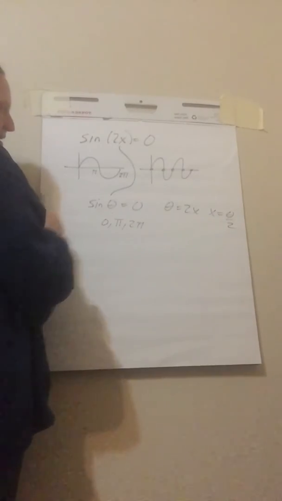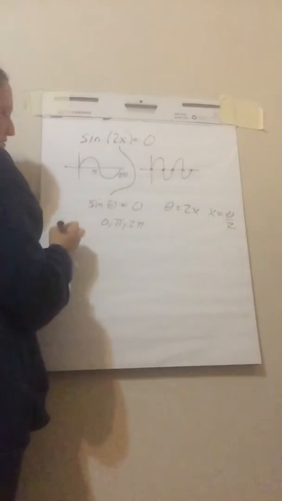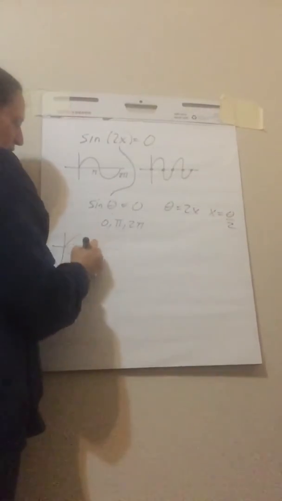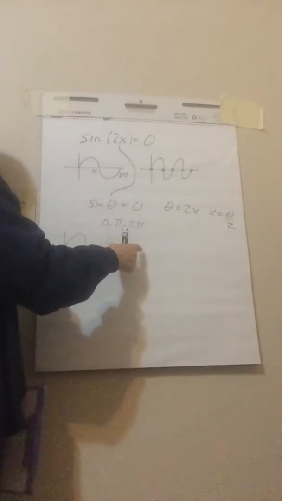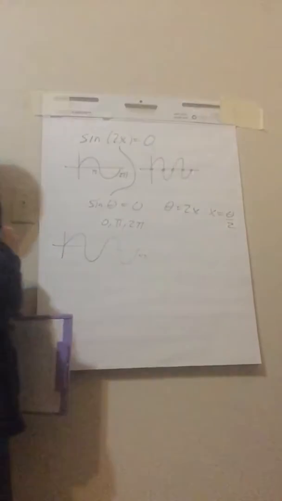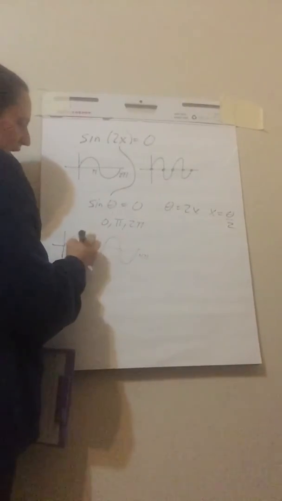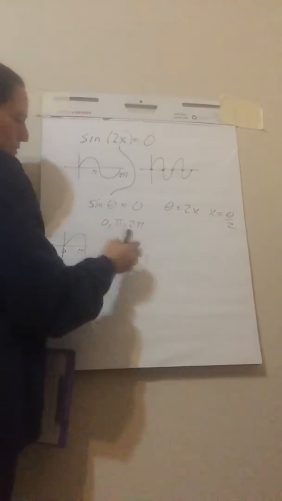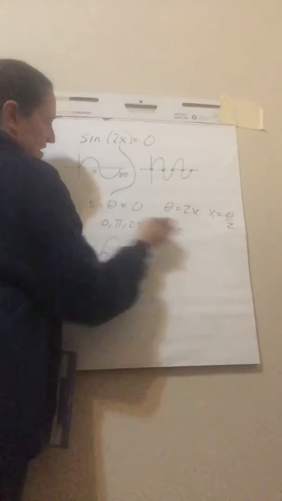I'm thinking about this graph and this graph, so I'm going to have to look all the way to 4 pi, because I'm going to take this and squinch it to here. So let's be sure we get all of those solutions: 0, pi, 2 pi, 3 pi, 4 pi for theta.